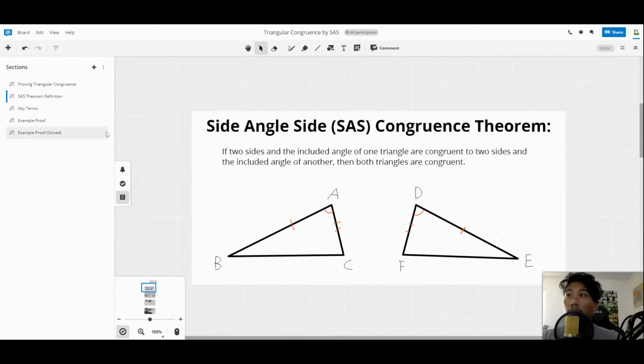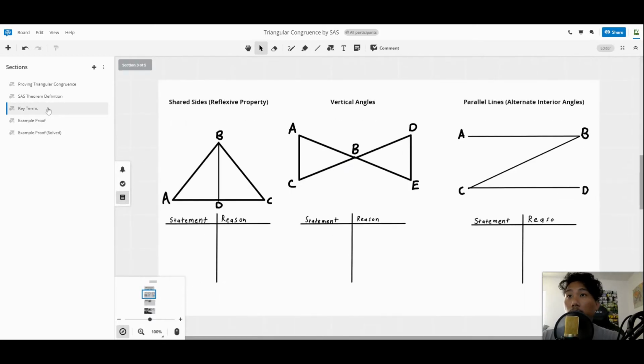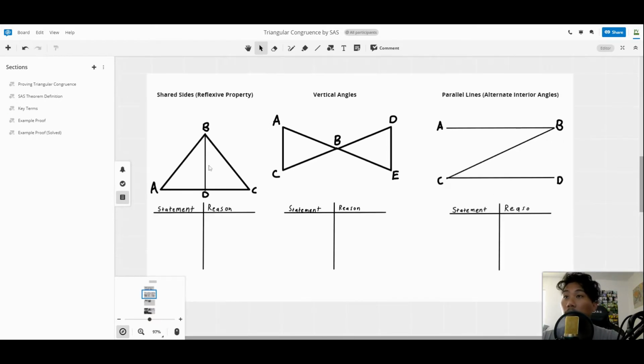Now, before we look at an example, I want to go over three additional congruencies that would help you solve for the SAS congruence theorem. The first of the three is when two triangles share a side. So here I have triangle ABD and triangle CBD, right? And they're both sharing side BD. In situations like this, you can make the statement saying that side BD is congruent to side BD.